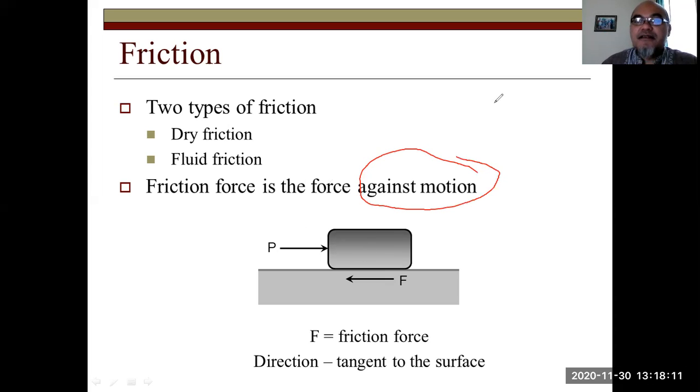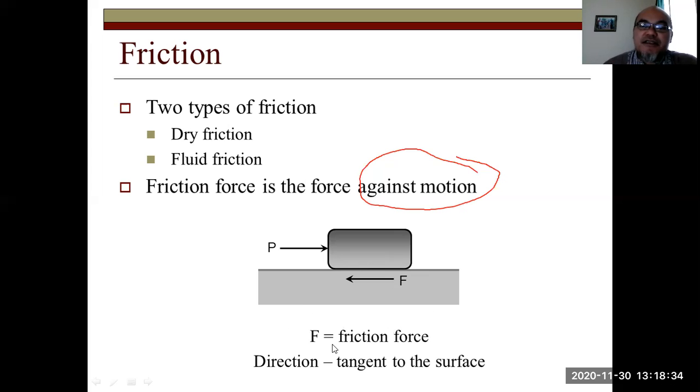For example, here, when we have an object being pushed with a force P to the right, there will be a friction force opposing this motion that is directed to the left, opposite to the direction of this P. And this F is called the friction force.